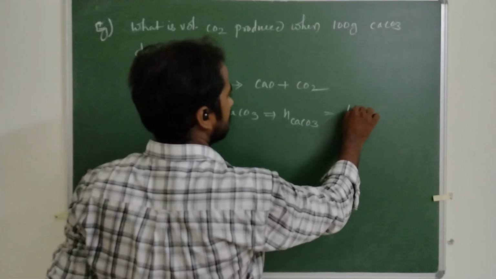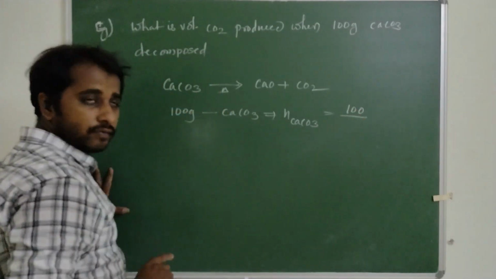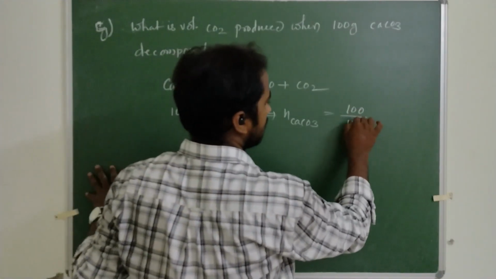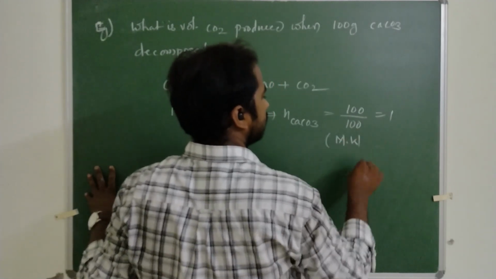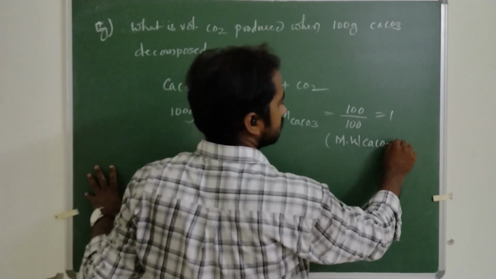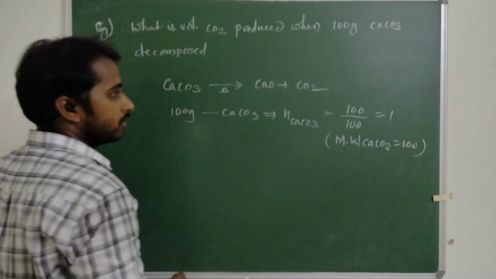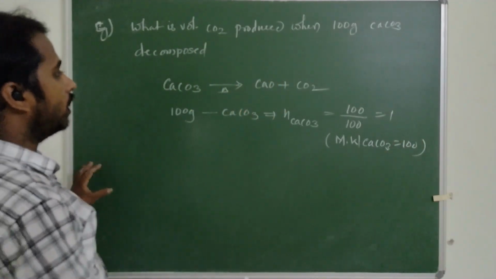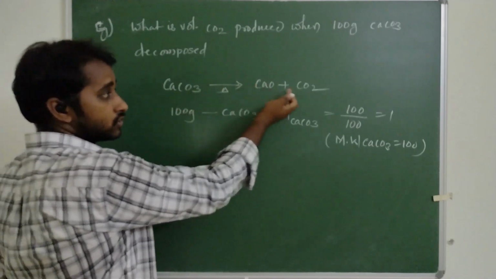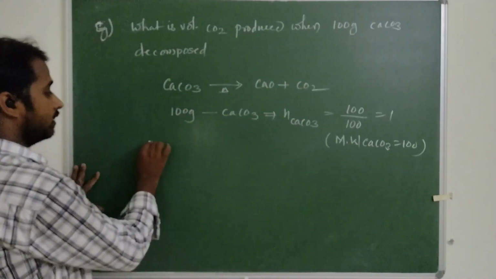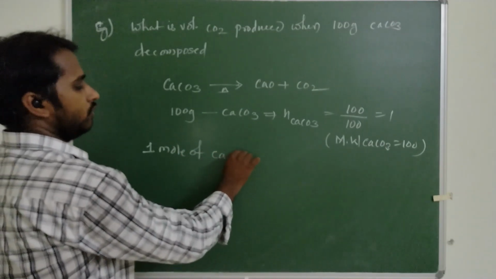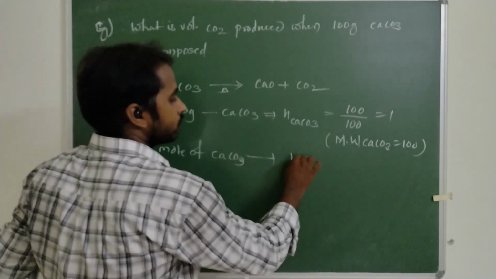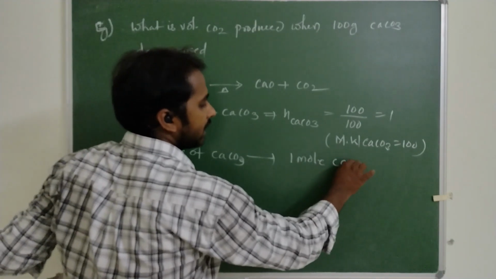100 grams is given, and the molecular weight of CaCO3 is 100. So it is 1 mole. 1 mole of CaCO3 produces how many moles of carbon dioxide? 1 mole of CaCO3 produces 1 mole of carbon dioxide.